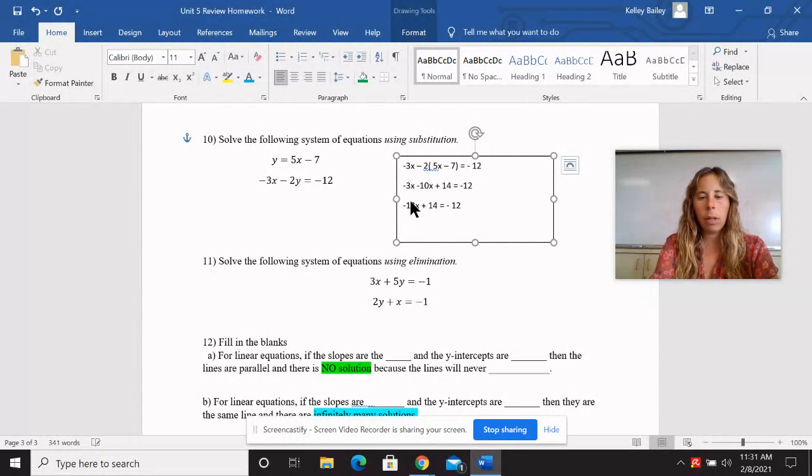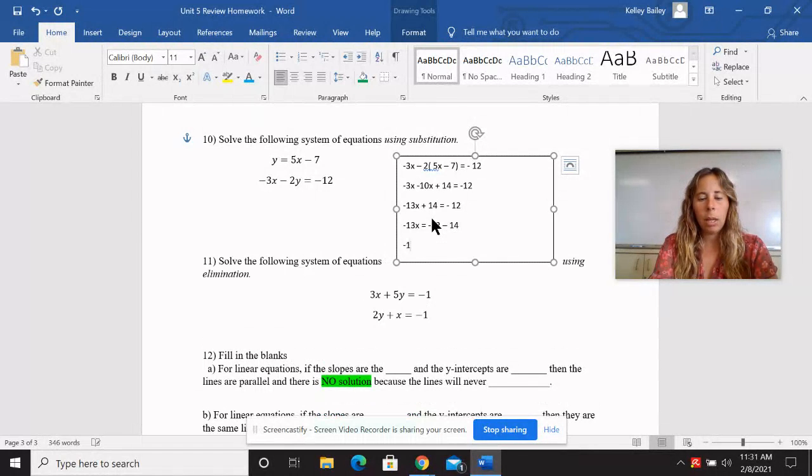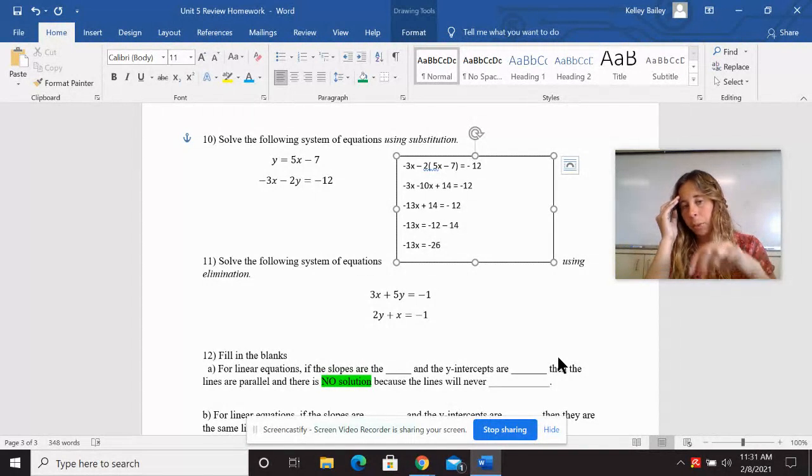All right. We're solving for x, so now we're going to subtract 14 from both sides. Negative 13x equals negative 12 minus 14. Negative 26.